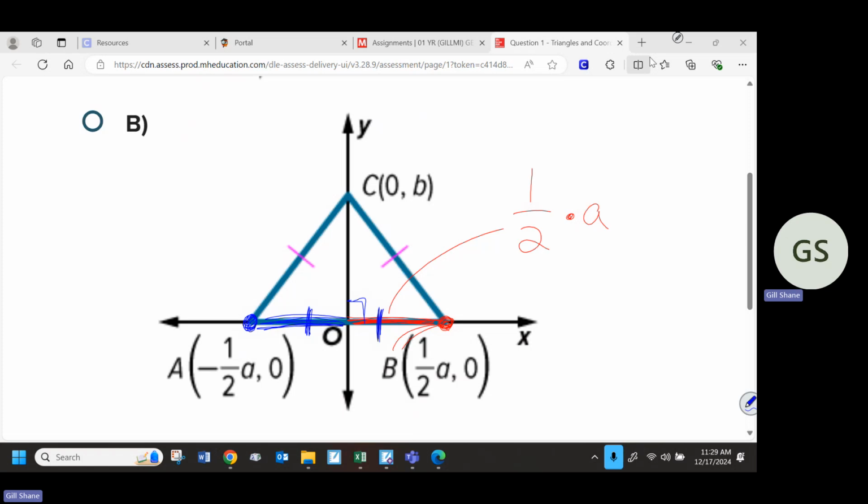So if we said this is 1/2 times A, that one is also 1/2 times A. The negative part just means we're in the negative X values, right? Like going that way is 1, 2, 3, 4, 5, 6, 7, 8, 9, 10. Going this way is just -1, -2, -3, -4. So that's all that means: we're just in the negative part of the x-axis. But the length is always positive. 1/2 A and 1/2 A.